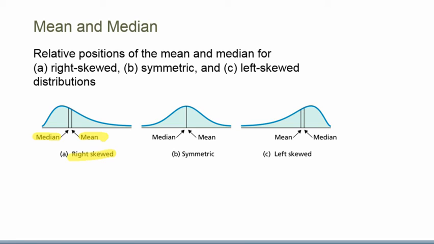Since our line for our distribution will always be a number line, this means that the median will always be smaller than the mean for a right skewed distribution. For a symmetric distribution, the median equals the mean. For the left skewed distribution, the mean comes before the median. This means that the mean is smaller than the median.